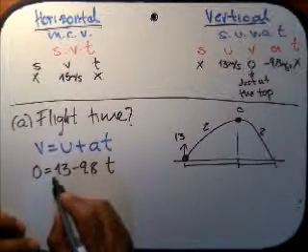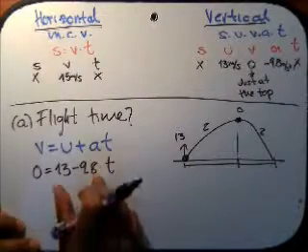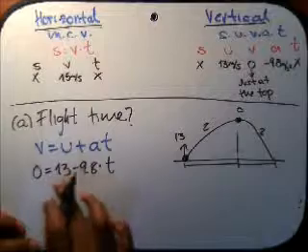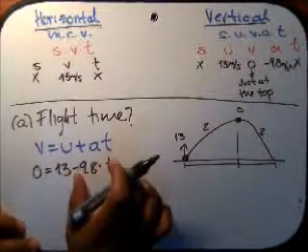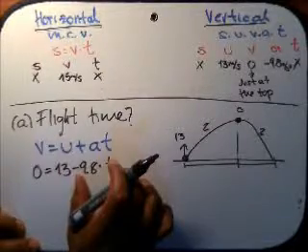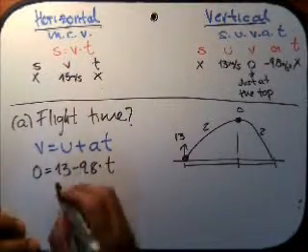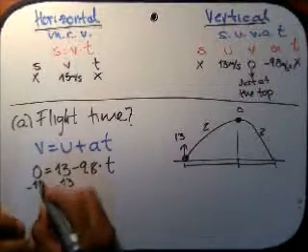Remember, you cannot do this 13 minus 9.8 first, because there's a multiplication here, and you cannot do this one first. So what you do is you leave this alone, you don't move it, you don't touch it, but you just need to get the 13 to the other side. So I'm going to subtract 13 here and here.